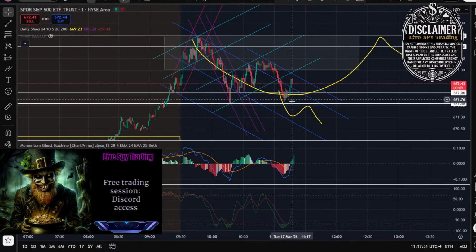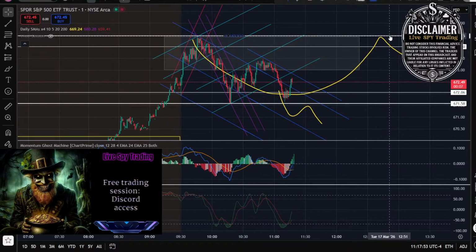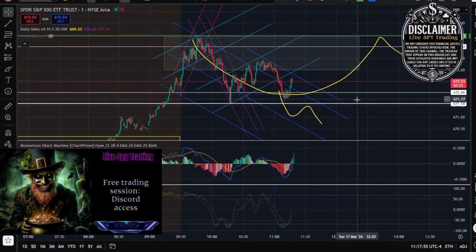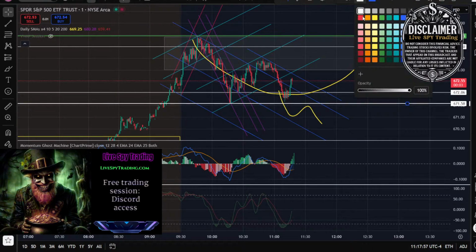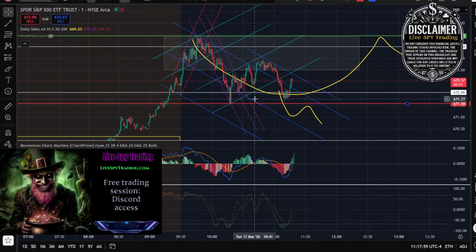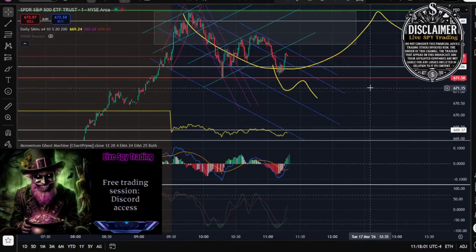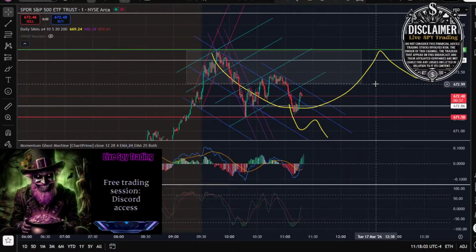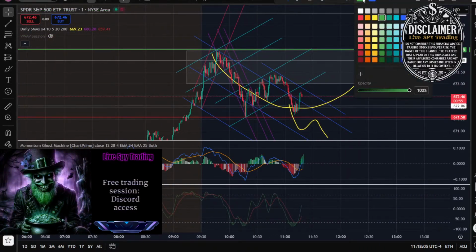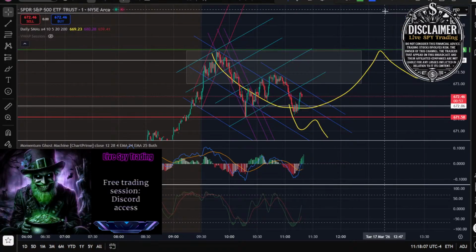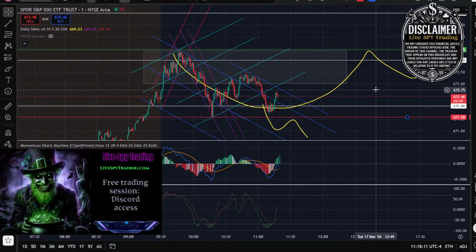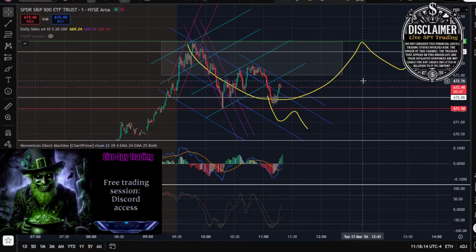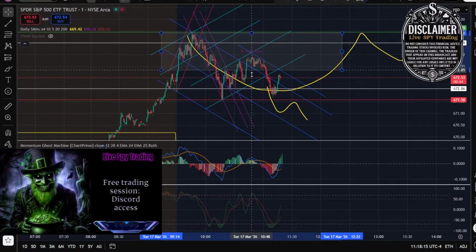This is chop inside here. We have to be above this or below this. Inside here is chop. If you're in here, you're scalping.